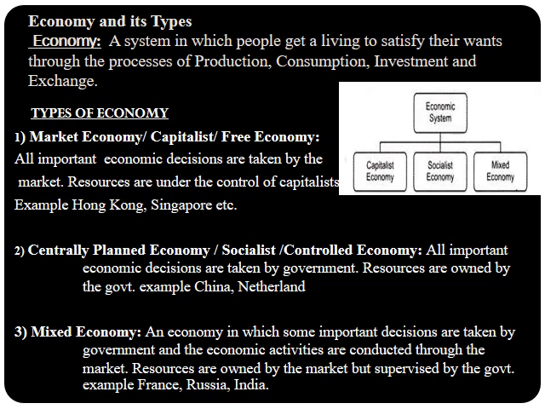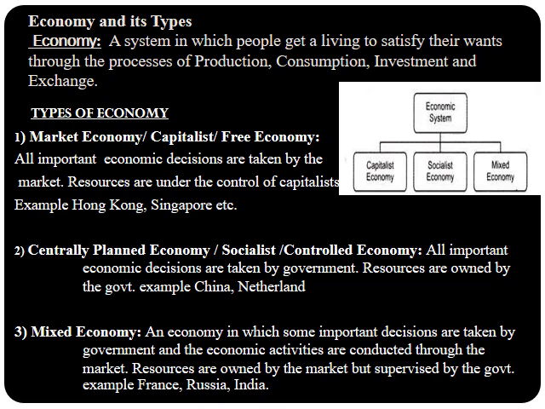The important economic decisions about production, consumption, which goods to produce, what type of technology we are going to use, are all taken by the market, and resources are under the control of capitalists. Examples of this capitalist or market economy are Hong Kong and Singapore. There are a number of other capitalist economies.